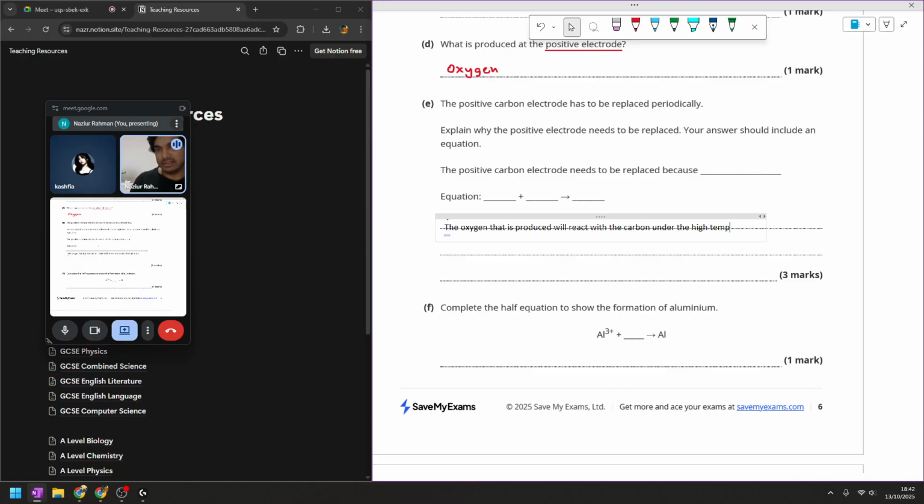Because remember, to keep this molten, we need the high temperatures. It produces carbon dioxide, so the electrodes will wear down. Electrodes are worn away over time. So the equation is that carbon reacts with oxygen to make carbon dioxide.